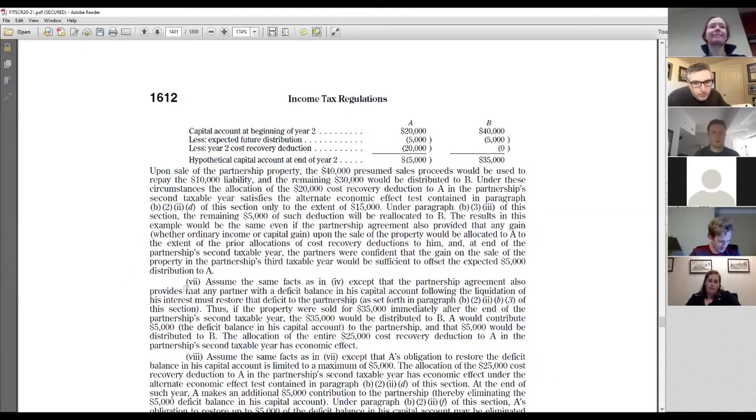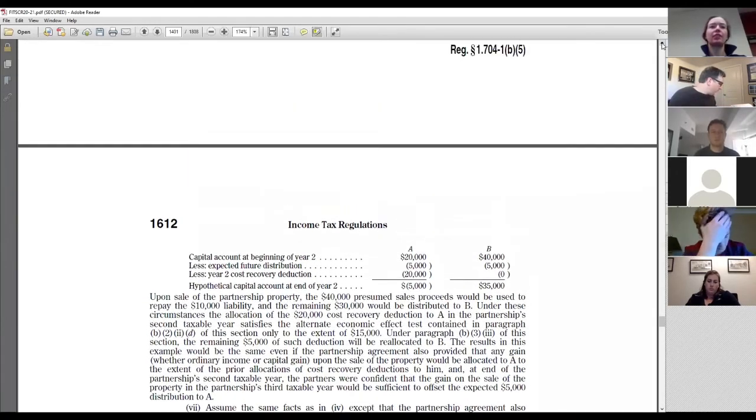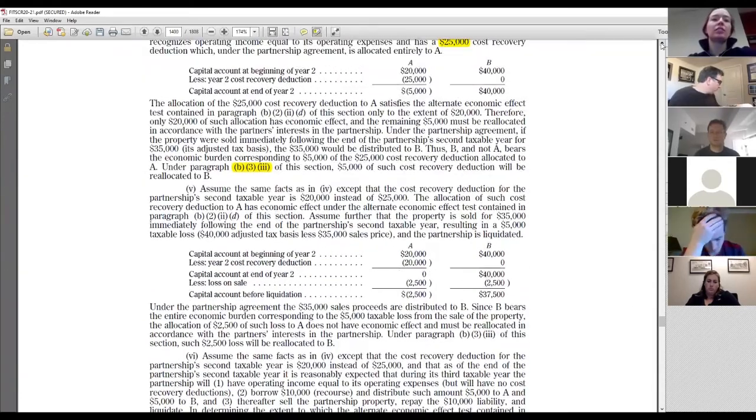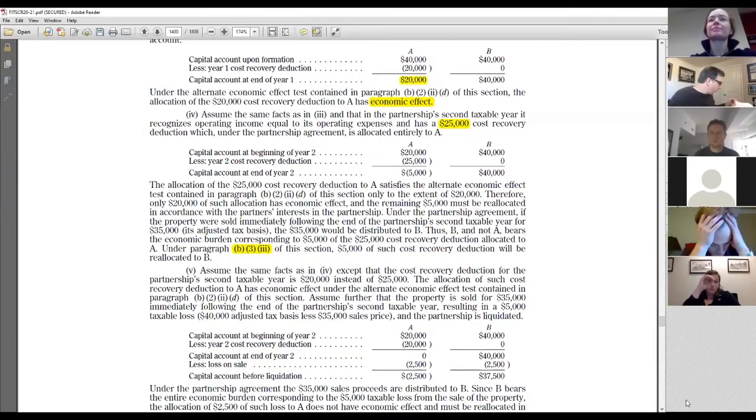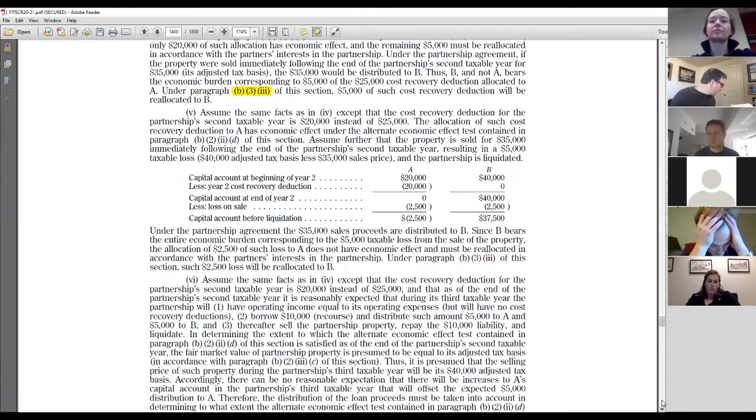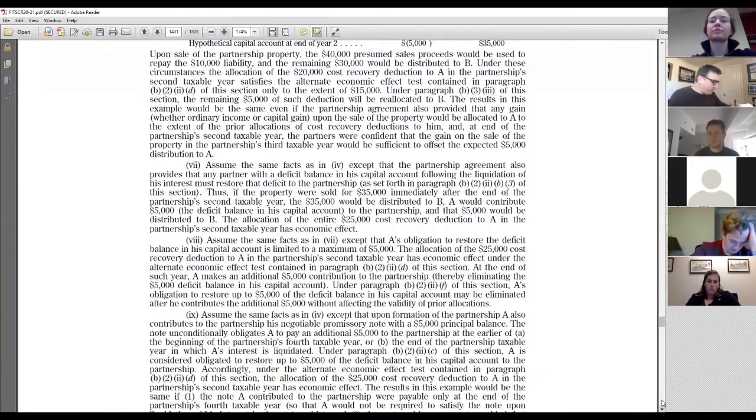So same facts as in 4. 4 was 20 of depreciation year 1, 25 in year 2. Except we changed one little fact: now the partnership agreement obligates each partner to restore.